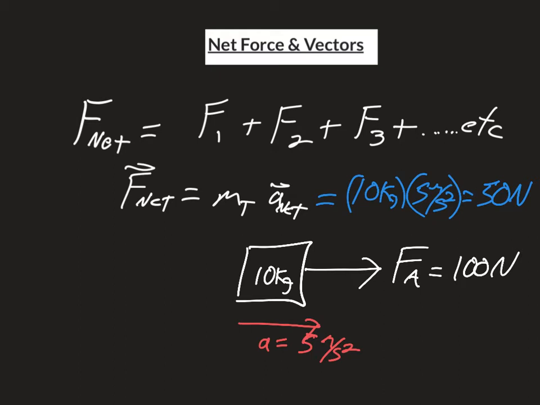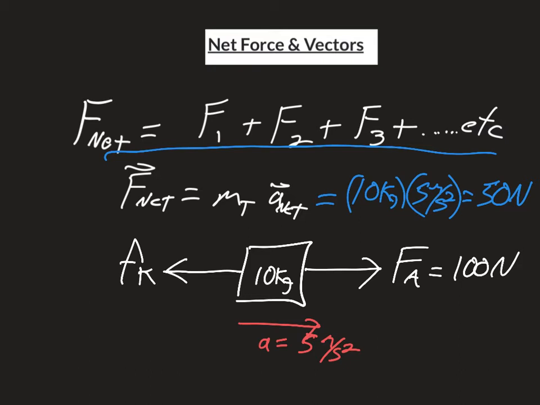Well, that just means there's another force resisting that motion that's part of the forces that needed to be added together. And you could probably predict that there was something like friction. And if it's moving, it is a kinetic friction. And I can figure out the value of that based off the fact that my net force is 50 and my other force is 100.